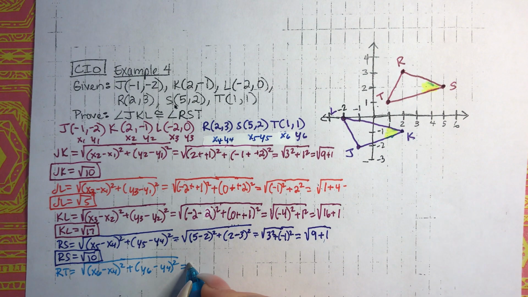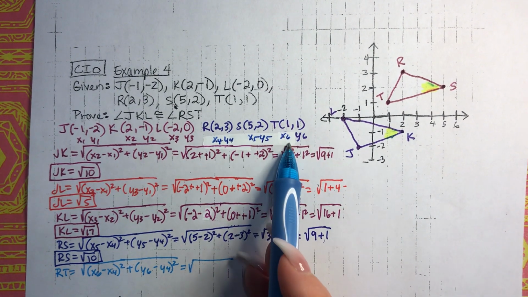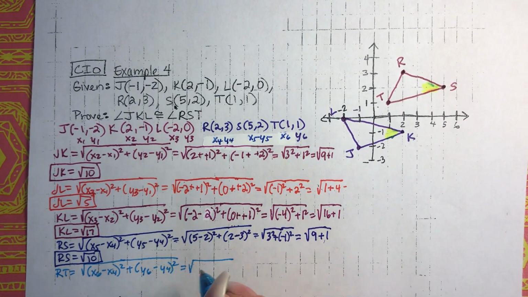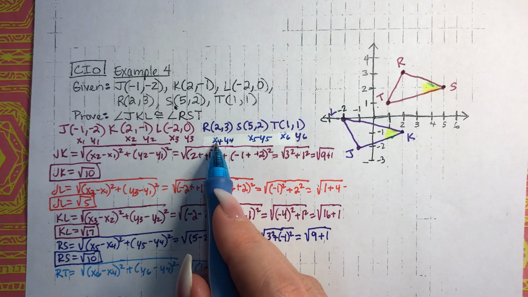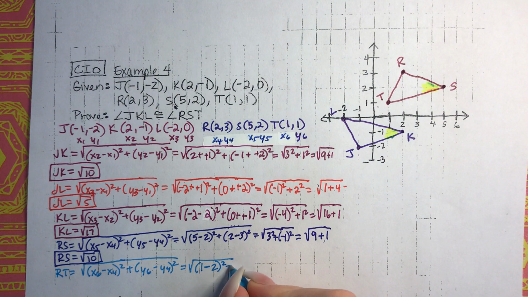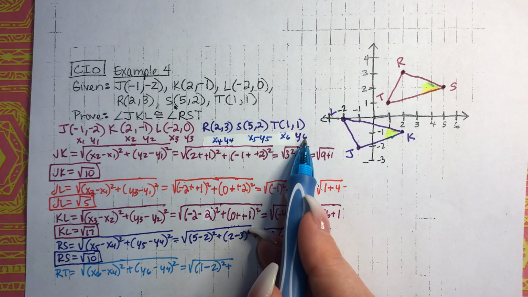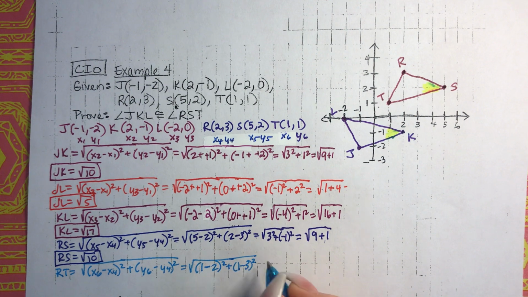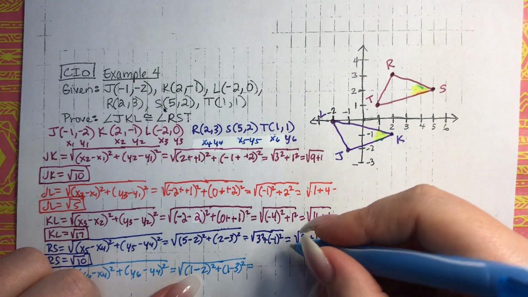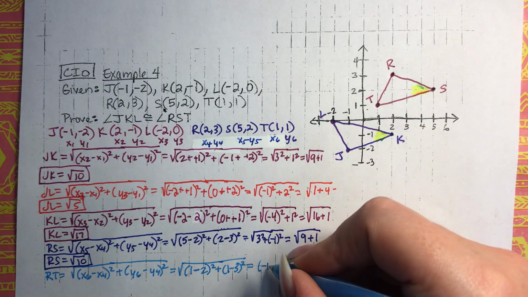x6 is 1 minus 4, which would be 2 squared, plus 1 minus 3 squared equals 1 take away 2 is -1 squared.